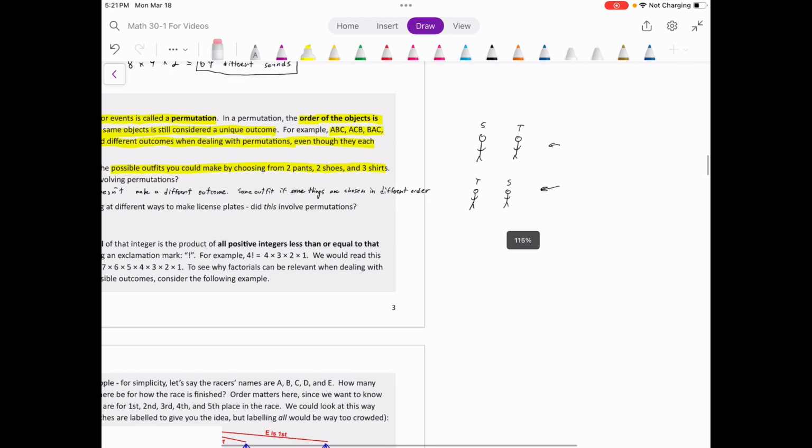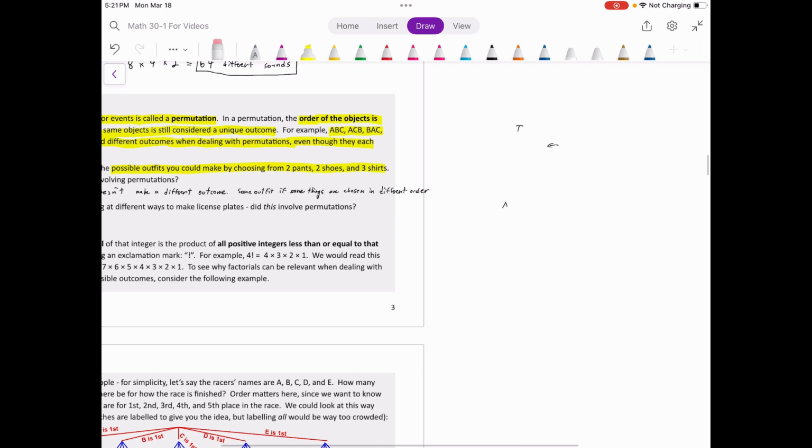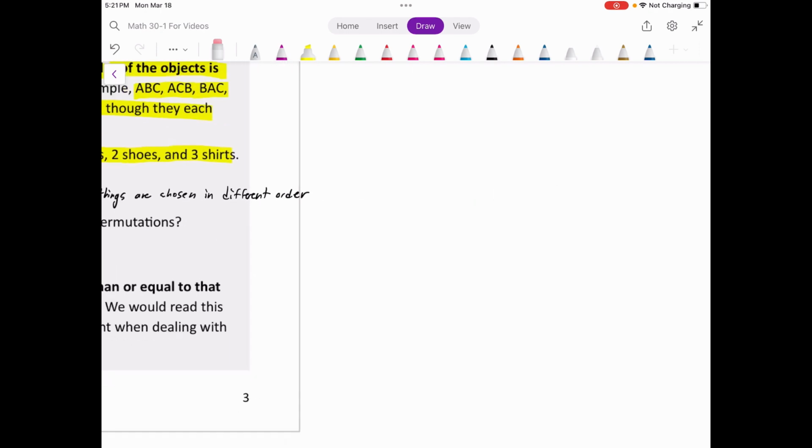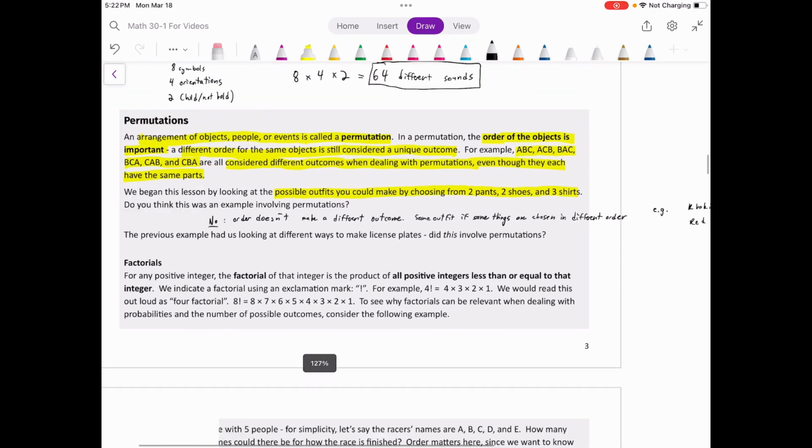Again, just to use that example, if I put on khaki pants, yellow shoes, and a red shirt, I'm still wearing the same outfit as if I put on my red shirt first, then my khaki pants, then my yellow shoes, right? At the end of the day, it's not a different outcome. I still have the same outfit on, okay?